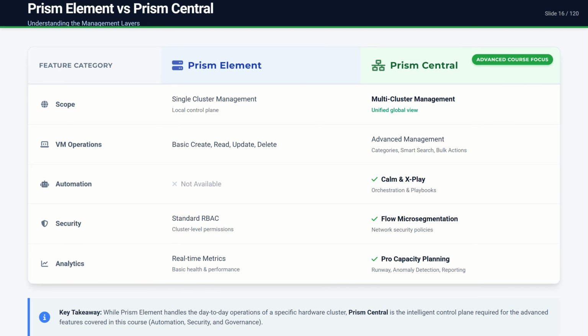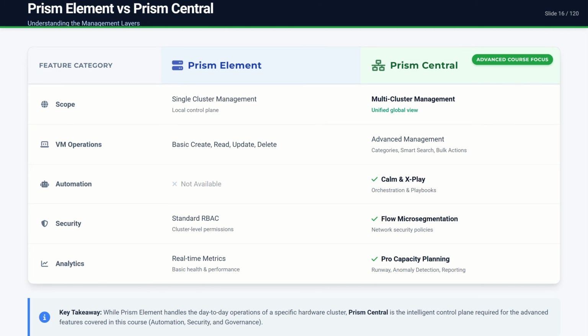And finally, the analytics. Prism Element gives you real-time metrics, basic health and performance monitoring for that cluster. But Prism Central provides proactive capacity planning, runway projection, anomaly detection, and comprehensive reporting across your entire environment. It's predictive, not just reactive.